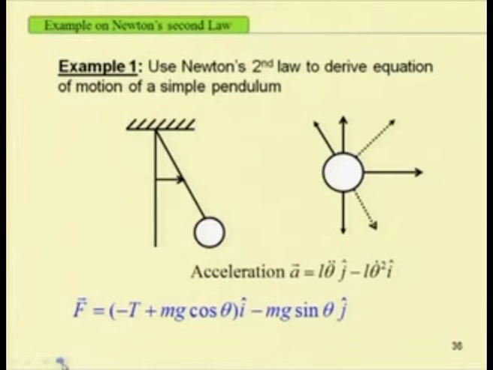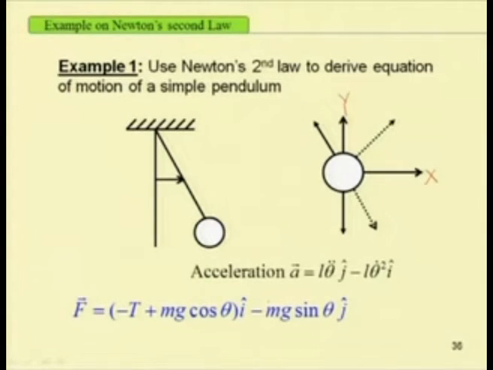So, let us use Newton's second law to derive the equation of motion of a simple pendulum. In the case of a simple pendulum, this is a bob with a massless rod. This is my coordinate frame x y. I can use the coordinate frame x y, or I can use another coordinate frame also.